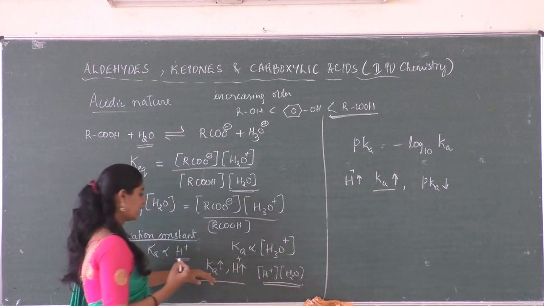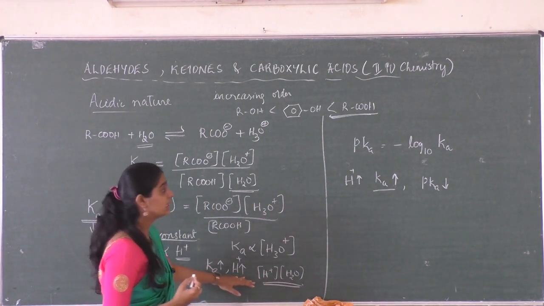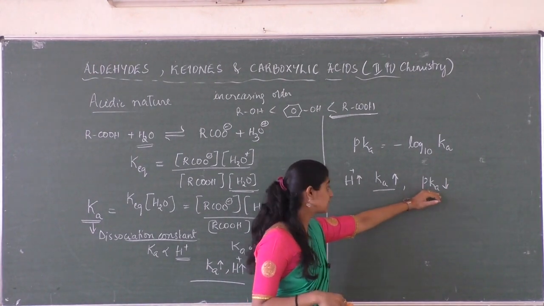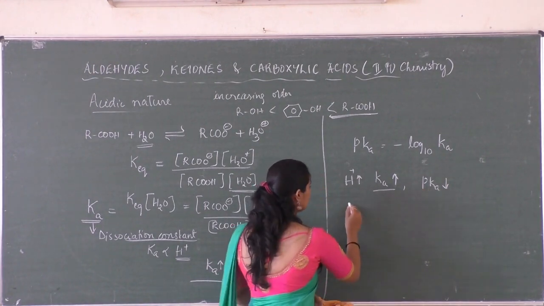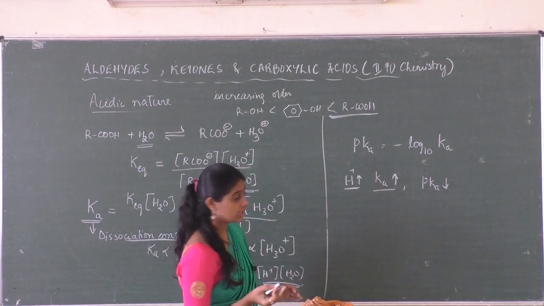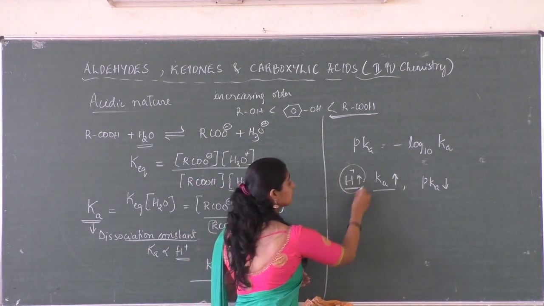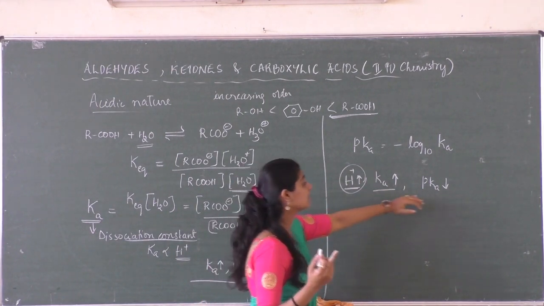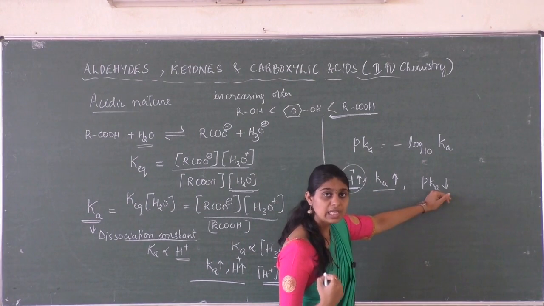Here we have written Ka increases, H plus also increases, and therefore the pKa value should decrease. That means for stronger acids, if you consider HCl, the concentration of H plus will be more, therefore the Ka value will be more, whereas the pKa value will be less.